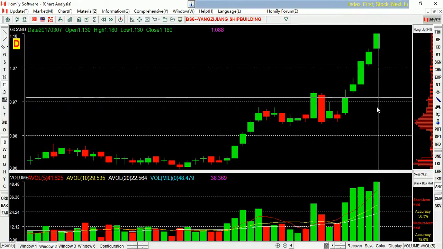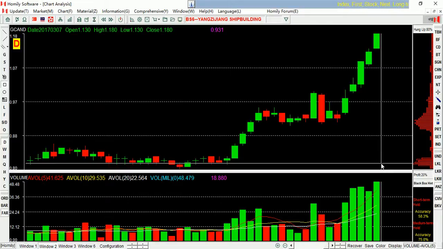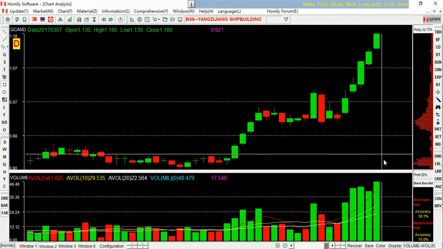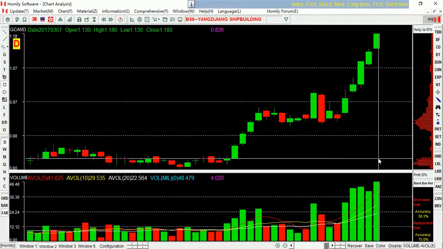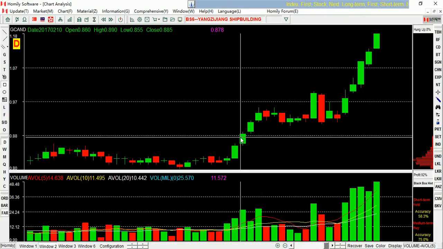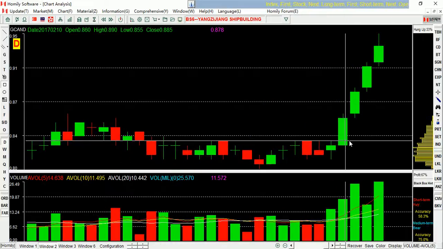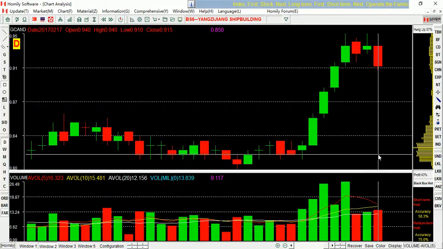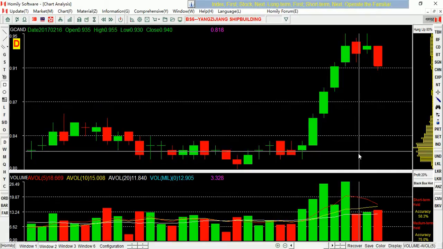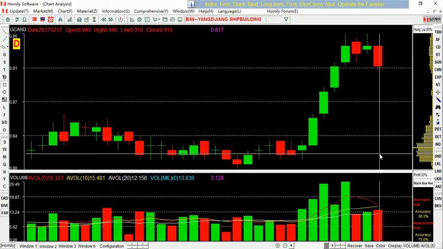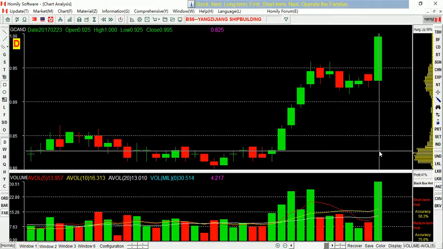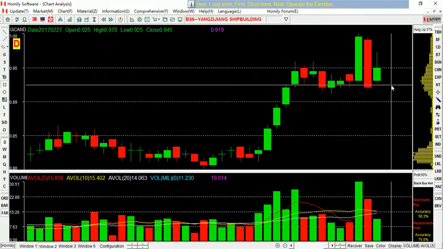Then we can know this is the chips, right? This is another peak. What's that meaning? This is the first resistance, and here is another resistance. If I put the mouse here, then we can know this is the peak, right? What's that meaning? Some people bought this stock at this price, then they still keep it and never sell. So we put here again, then we can see here the chips appears.